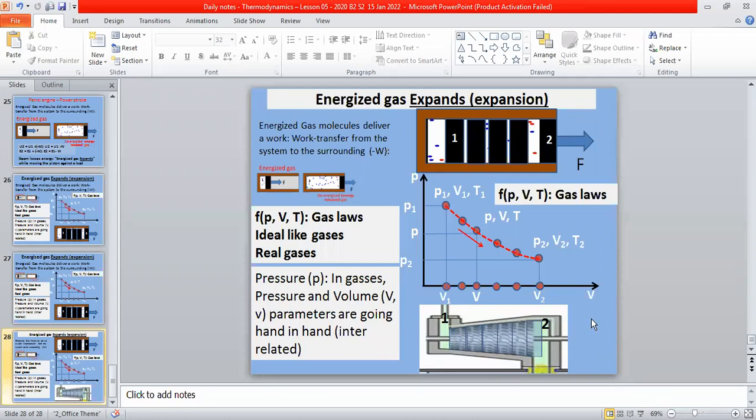So here it's a rotational work. Understand? Give me a second.